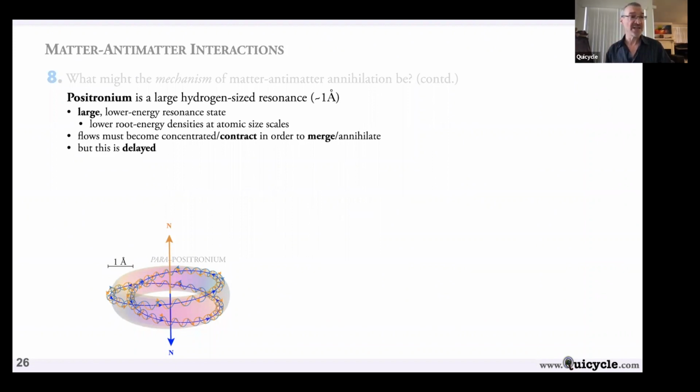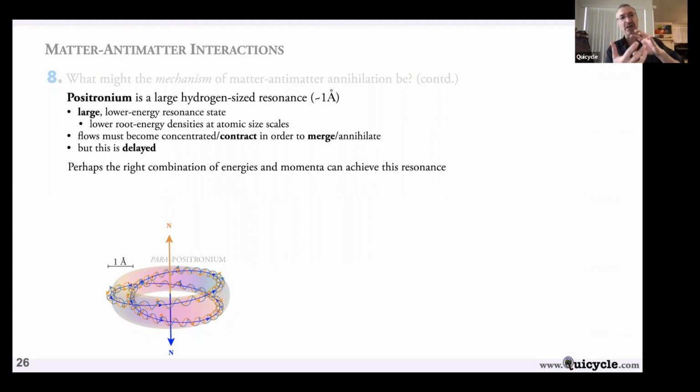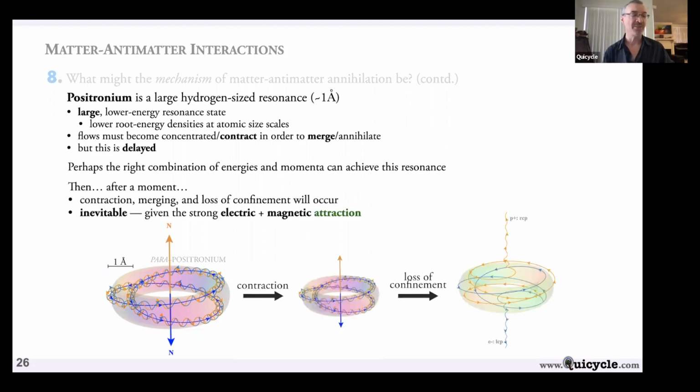So that means that the annihilation would be delayed slightly. And maybe we might imagine the right combination of energies and momenta of interaction can have them fall into this larger resonance initially, but that will be short-lived because of the strong attraction of the electrostatic and the magnetic interactions, which will eventually cause it to contract, giving rise to the vortex merging and the annihilation.